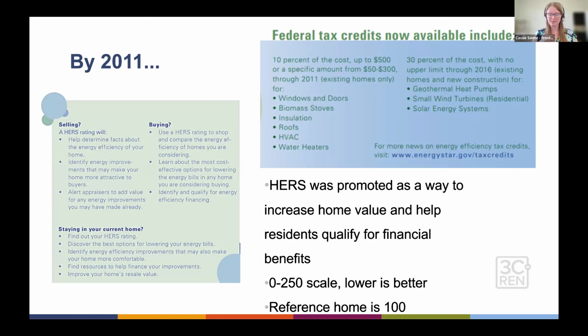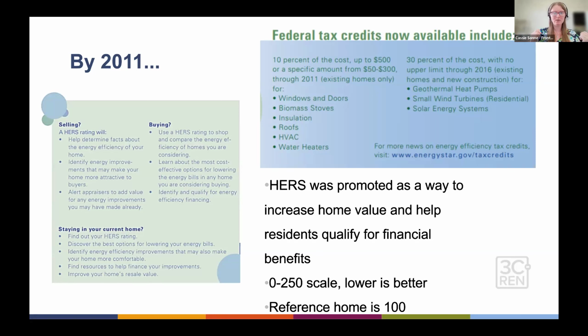So they did away with the 0 to 100 scale and instead came up with the 0 to 250 scale, where lower is better. So now instead of wanting to be getting 100, you want to be getting close to a 0. The way it works is that the HERS index compares your home or proposed home to a standard home, also called a reference home, that has a score of 100.